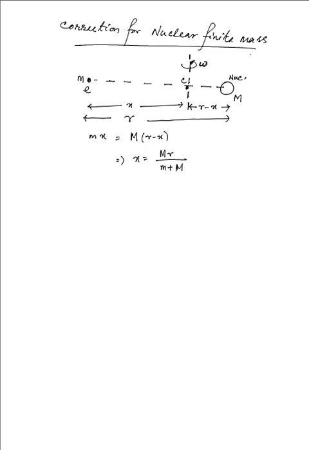You can calculate that, because M multiplies with r minus x, the minus Mx goes to the other side, x goes common, and so we have this. Similarly, r minus x will be equal to the mass of the electron multiplied with the distance separating the electron and the nucleus divided by the sum of the masses.